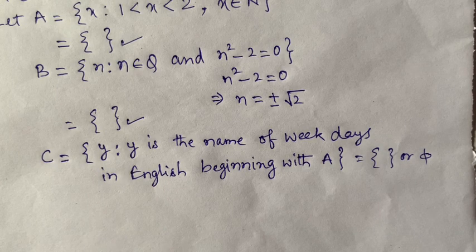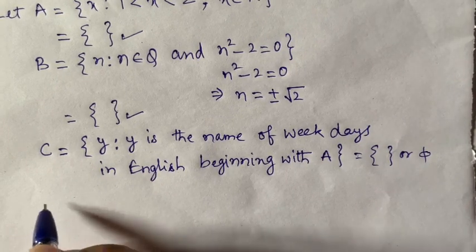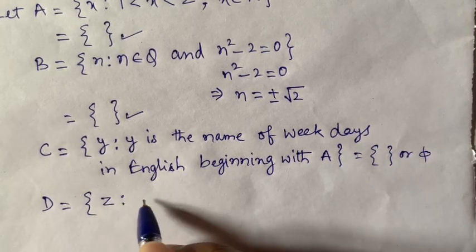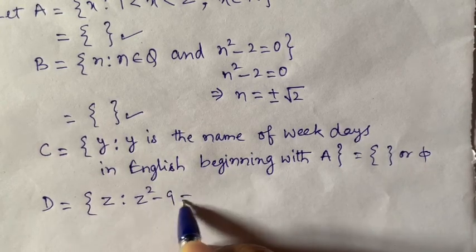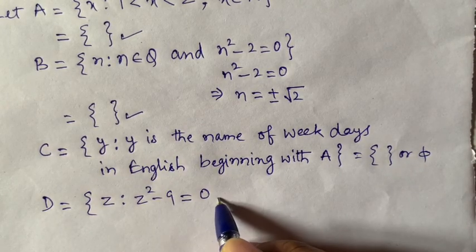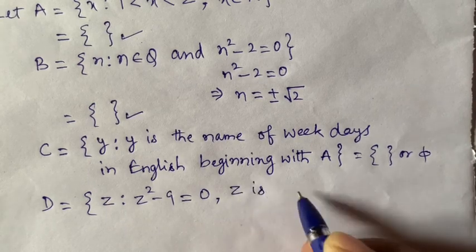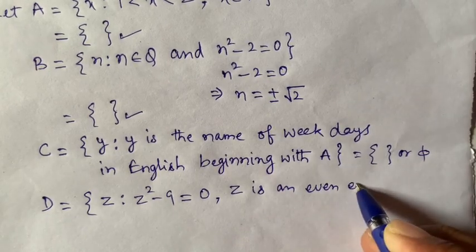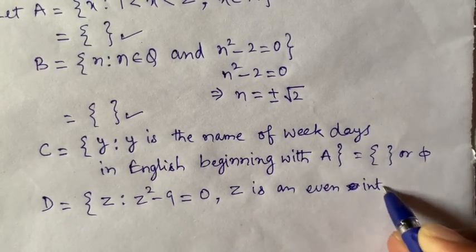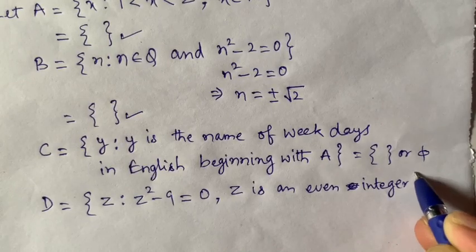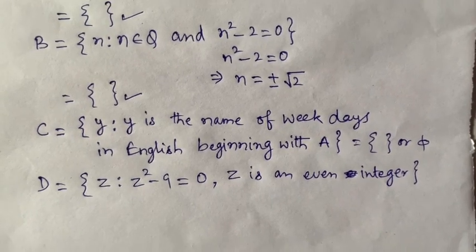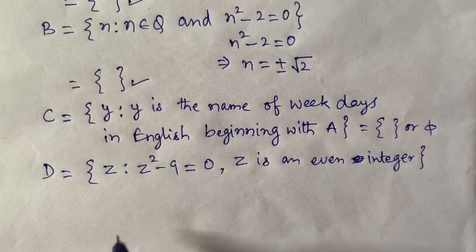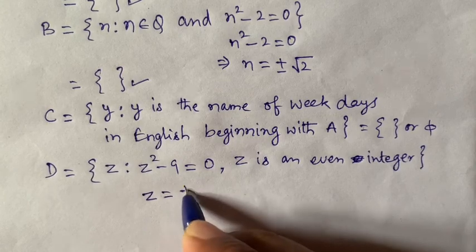Let us consider one more example. Let us represent it by D, and it is Z such that Z square minus 9 is equal to 0 and Z is an even integer. Now if we solve the given equation Z square minus 9 is equal to 0, we will obtain Z is equal to plus minus 3.